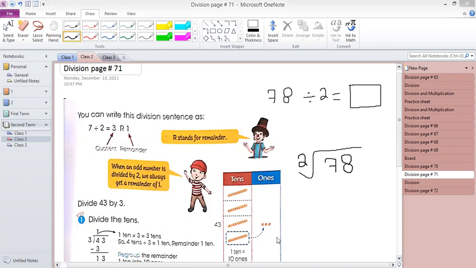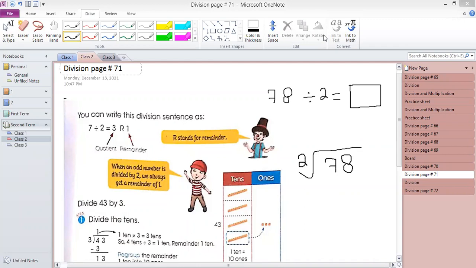Take a rough page and solve it. Guys, are you solving it? Yes, sir. Good. I'm waiting for your answers, guys.